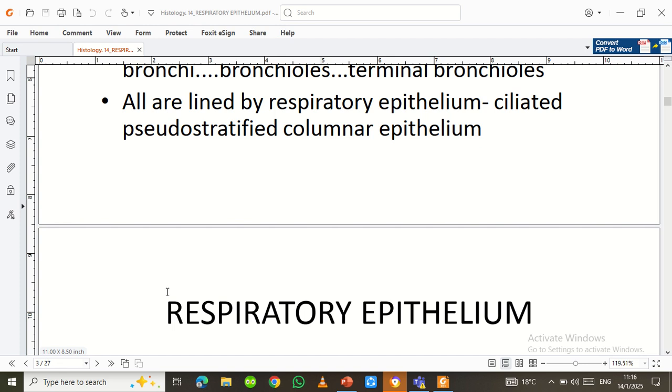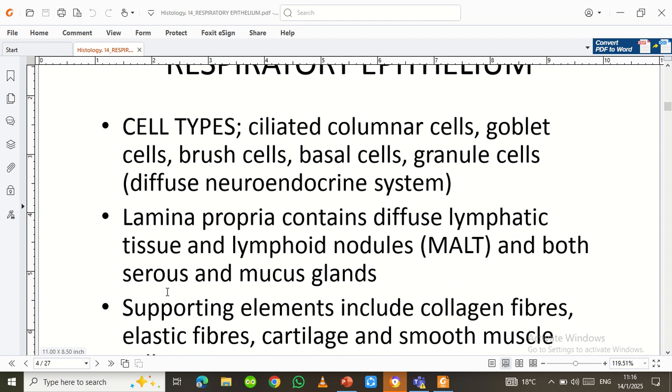It has about 5 groups of cells, as you're going to see right here. You have ciliated columnar cells.